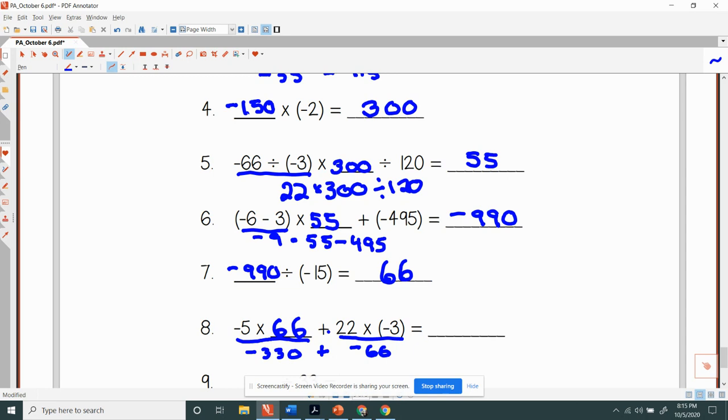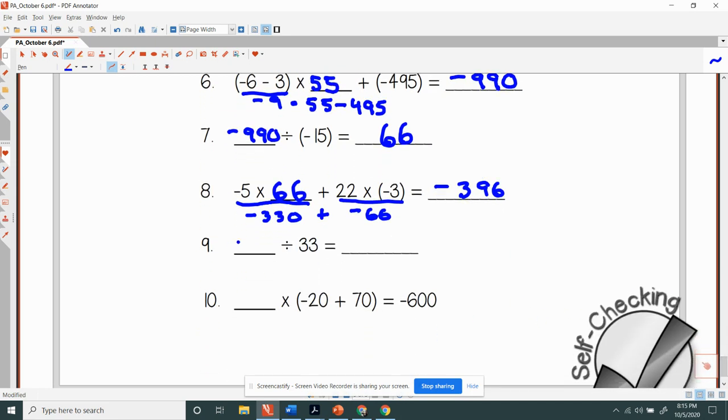And this is plus. So the final answer should be negative 396. And we'll put that there, negative 396. So negative 396 divided by 33, we know the answer will be negative, and that happens to be negative 12.